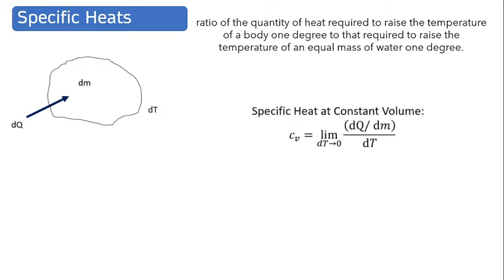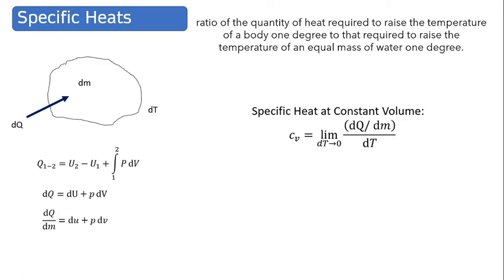From the specific heat at constant volume, by definition we can write the equation of Cv like this. From the first law of thermodynamics we can say that dq equals du plus pdv, and if we divide the equation per unit mass, we find that dq by dm equals d of small u plus p into d of small v.